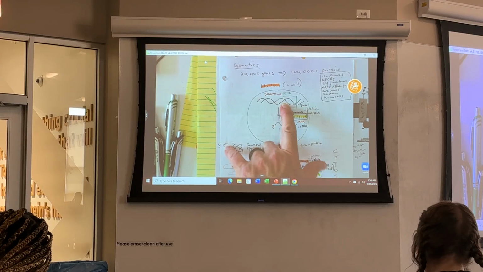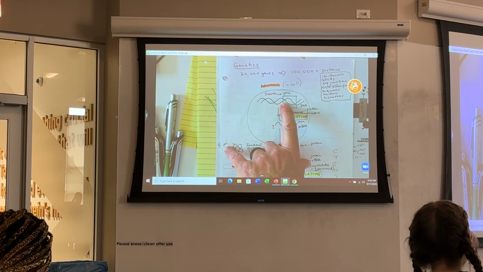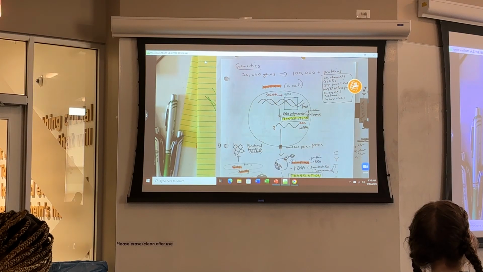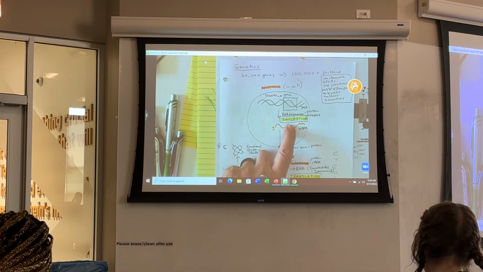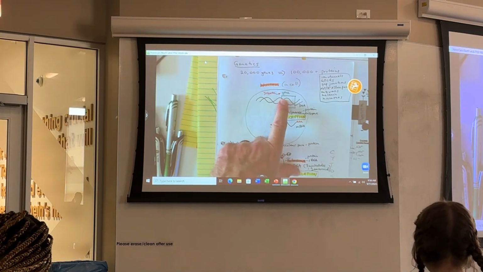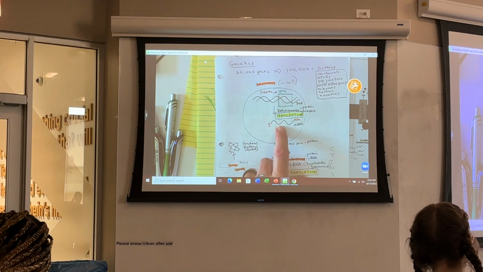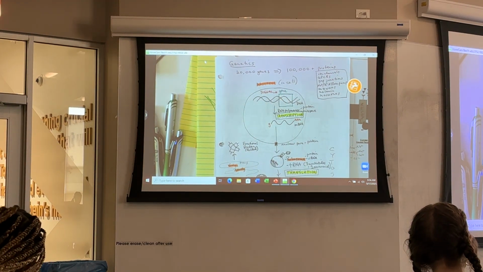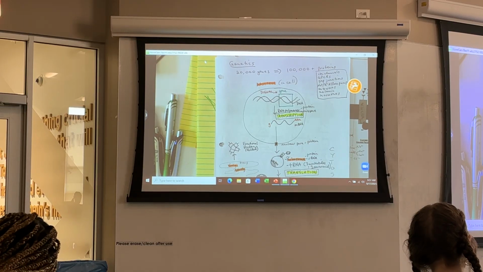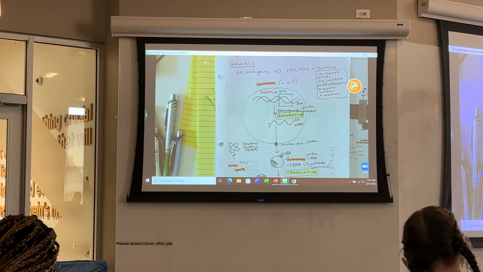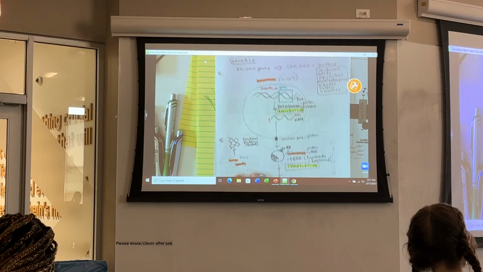We do not want to mess with the blueprint. That can lead to disease or disorder. So you get some signal, they write down the instructions for that protein, so they transcribe it into messenger RNA. That messenger RNA is single-stranded. It's small enough to move through the nuclear pores into the cytosol or cytoplasm.